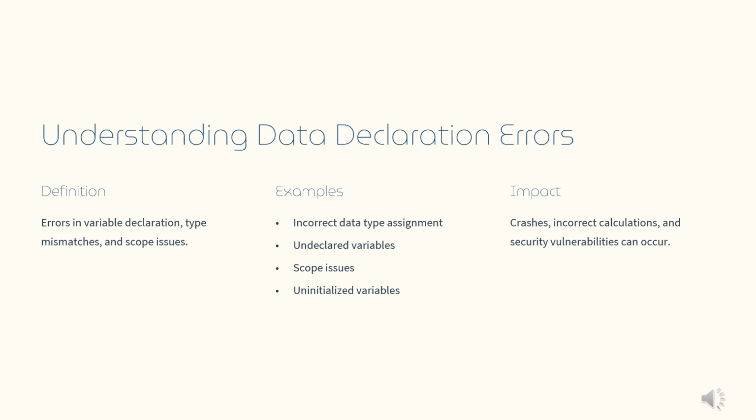If we try to use variables which are not initialized, it will give errors. That type of error is a data declaration error, and its impact is great. These are actually minute errors, but they create a great impact, that is, they crash the whole program.